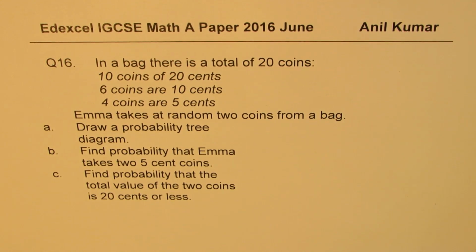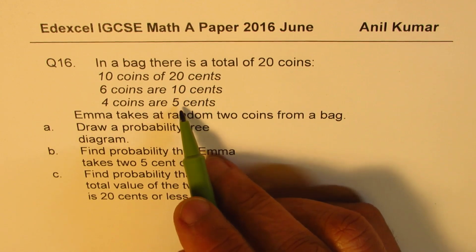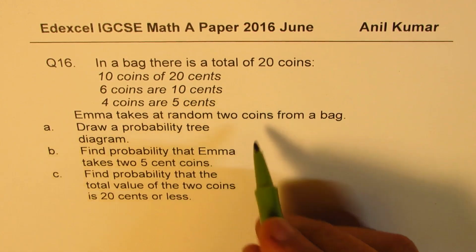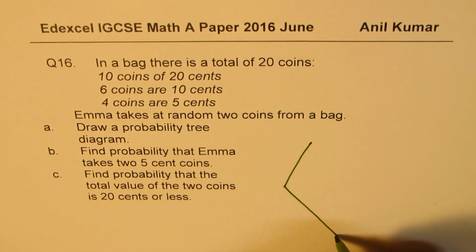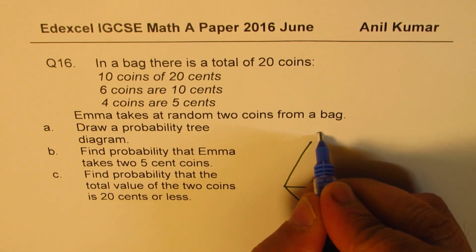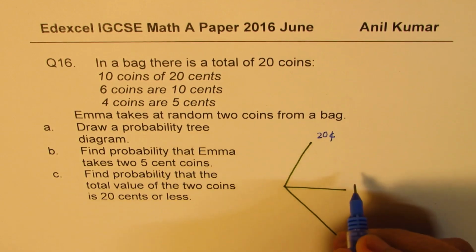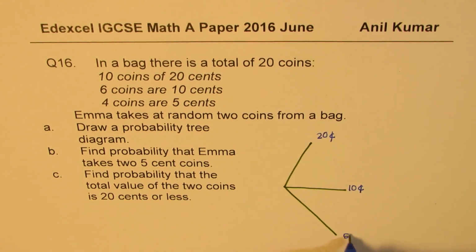So let's begin with sketching the tree diagram. The 3 conditions are you could get either a 20-cent coin, a 10-cent coin, or a 5-cent coin in the first row. Let us say the first one is the 20-cent coin, this one is for 10 cents, and then 5 cents.